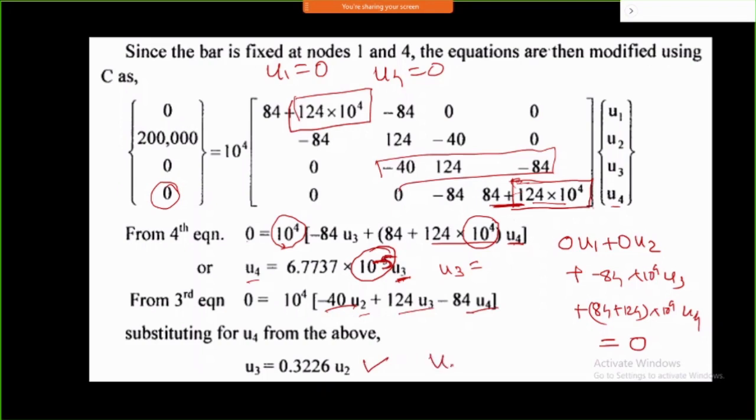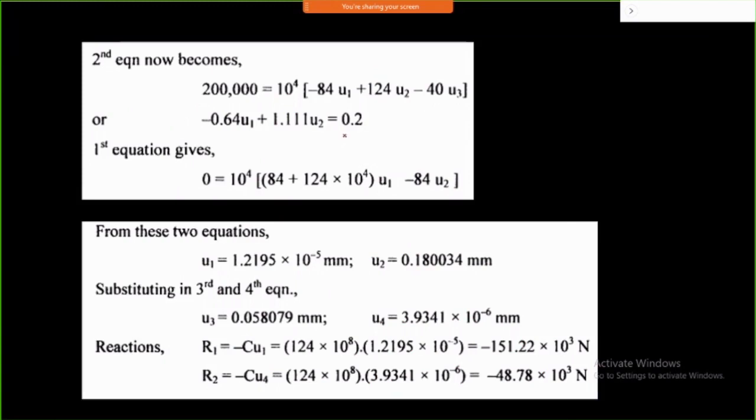So you get your U2 equal to some value. In a similar fashion you can get U1 also, and from the first equation you will get a U1 value. U1 you got this value, U2 you will get this, U3 you will get, and U4 you can just observe.